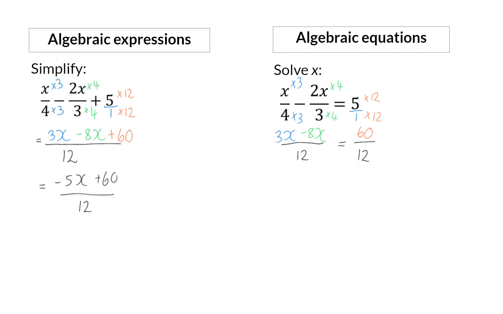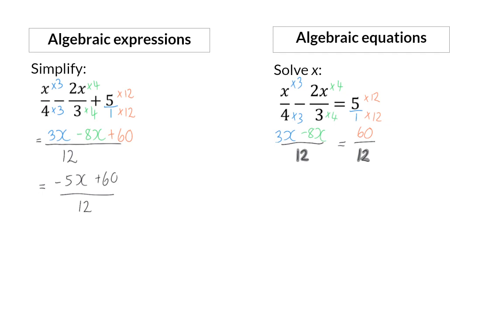Up to now, the steps for the equation and expression were exactly the same. But now we have a few extra steps to solve the equation. In an equation, we know that the value on the left is equal to the value on the right. At the moment, the denominator on the left is exactly the same as the denominator on the right.